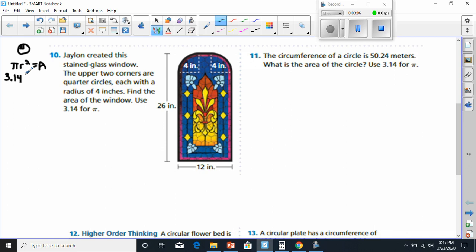I'm going to multiply that to the radius squared. The radius is 4, so that would be 4 that we are squaring. And 4 times 4 is 16, so we can replace that with 16. Now we have 3.14 times 16 will equal the area of the whole circle.